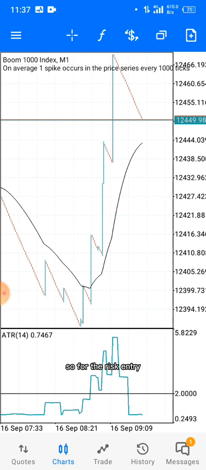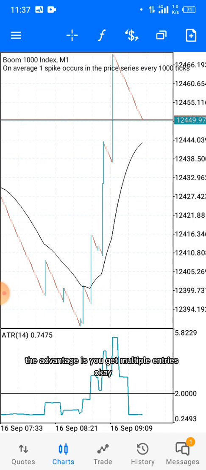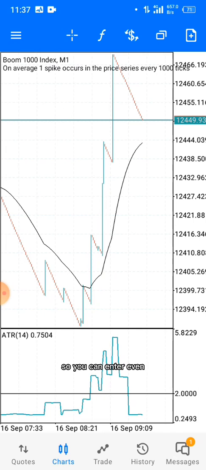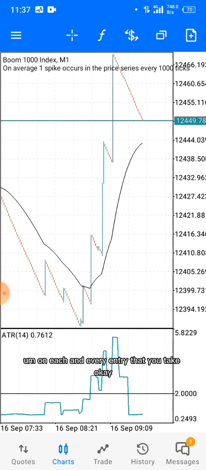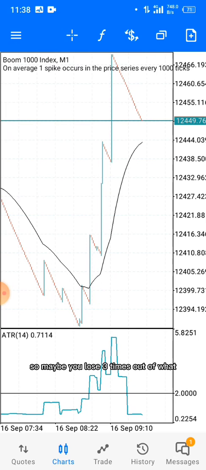For the risky entry, the advantage is you get multiple entries. You can enter even 10-15 times a day. You can get a lot of entries, and obviously you're not going to lose on each and every entry that you take. Maybe you lose 3 times out of the 15 times that you take a trade, so you will remain profitable.